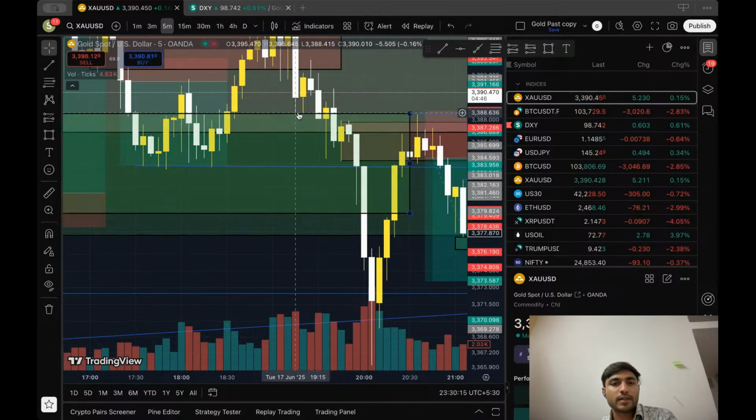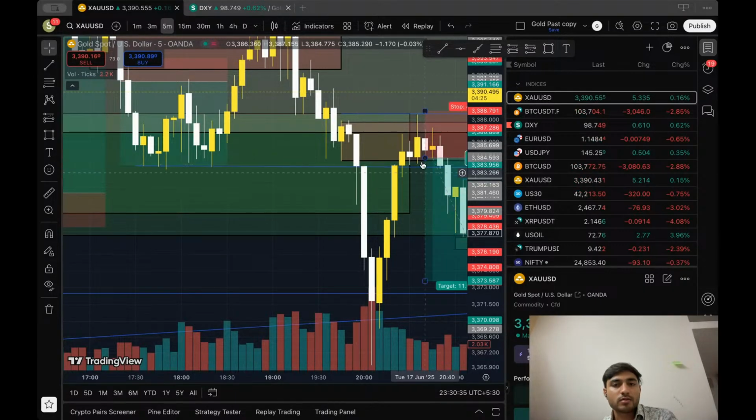So see, after this, or this being an order block at this point, it didn't get tested. No, it did. Yeah, see, this became an order block. It tested here, it fell. This became an order block after here, so it tested here.